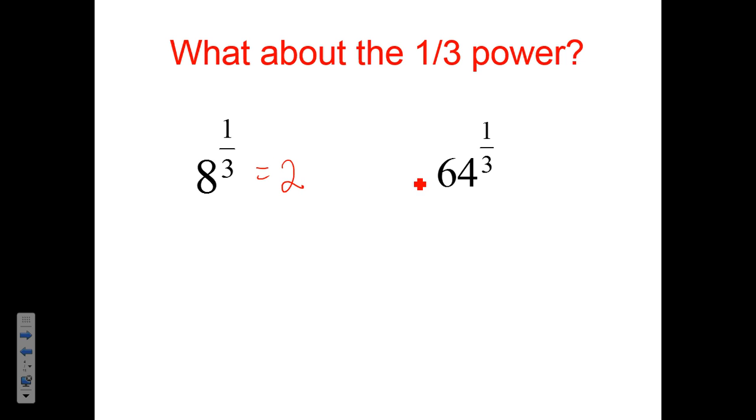If I took 64 to the 1/3 power, I'd get 4. Well, the 1/3 power represents a cube root. So 8 to the power of 1/3 is the same thing as the cube root of 8. So these are cube roots.